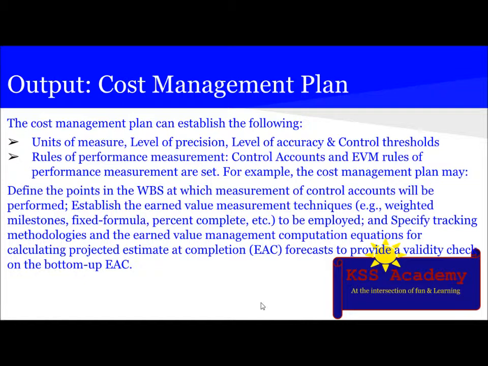I have already spoken in detail about the earned value management techniques with examples, so you can go back to my channel and search for that particular tutorial to learn more about the performance measurement rules and how to solve problems based on earned value management rules using planned value, earned value, etc.